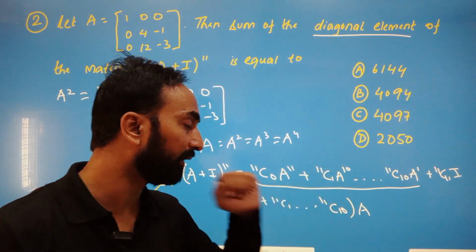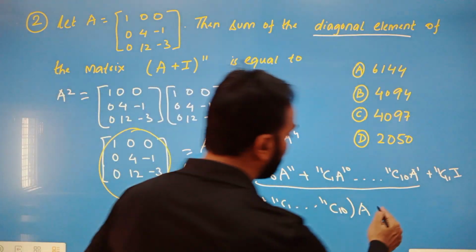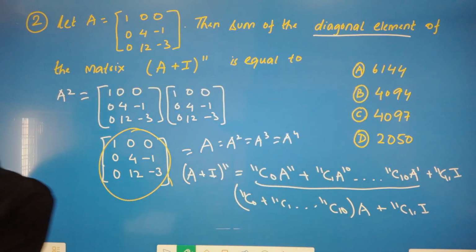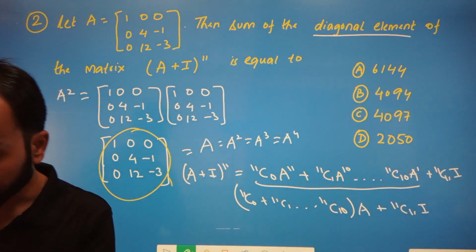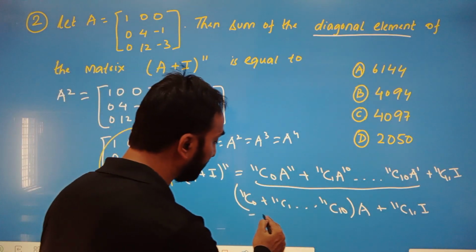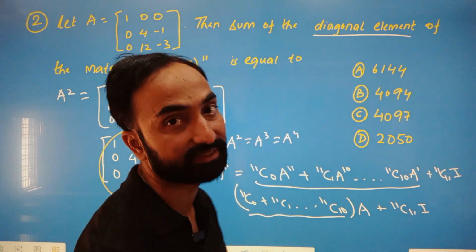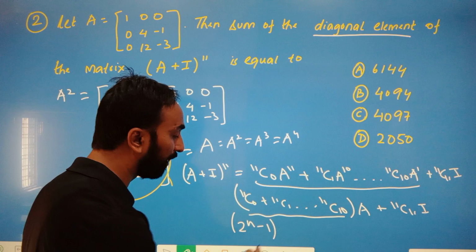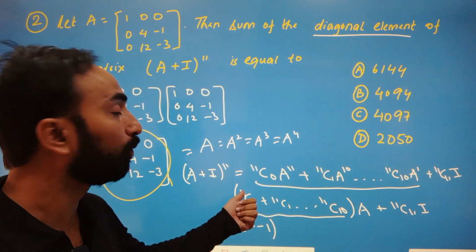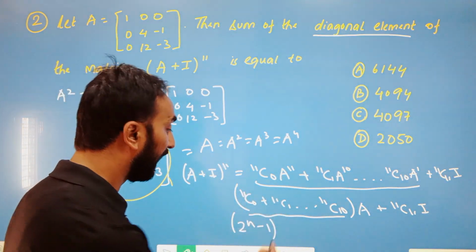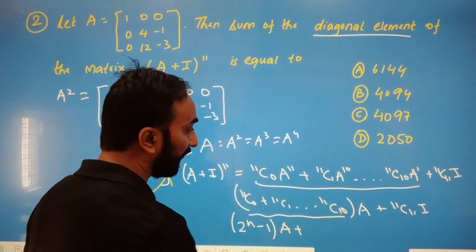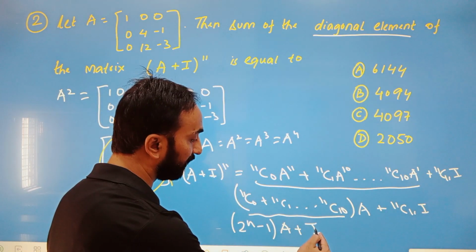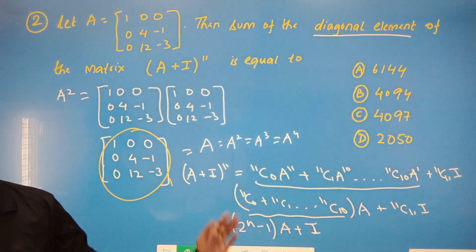So I am taking A as common, and the last term I am writing as 11C11 I. For the terms from 11C0 to 11C10, I can write 2 to the power n minus 1, where n is equal to 11 only. And the last term is plus 11C11, which is 1, times I. This will be the final simplification.